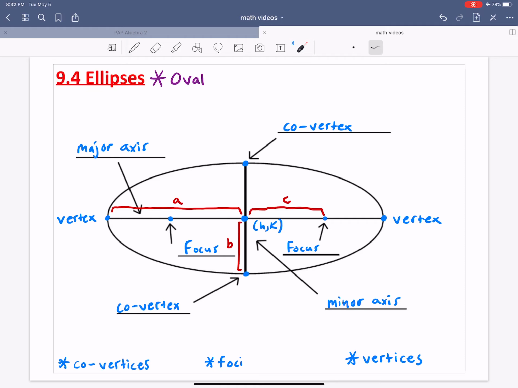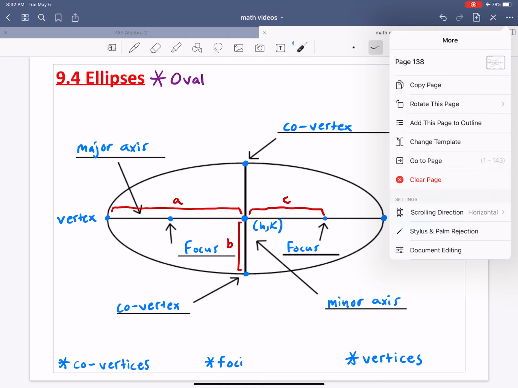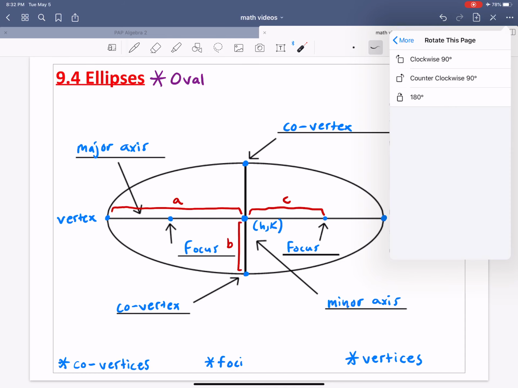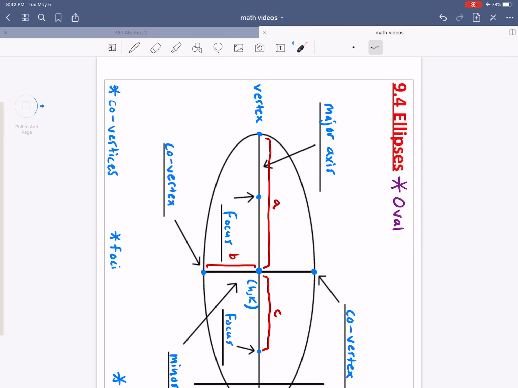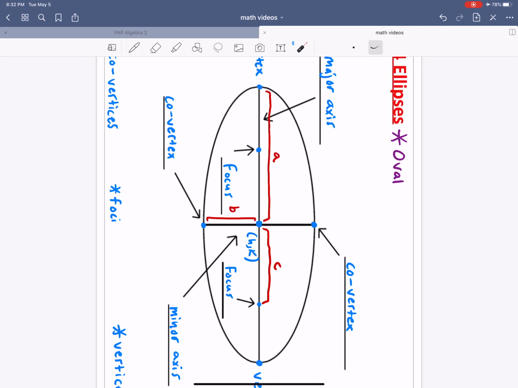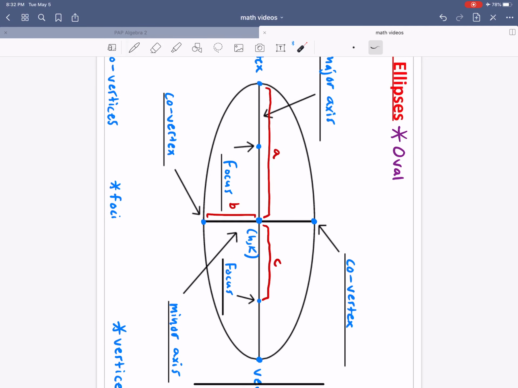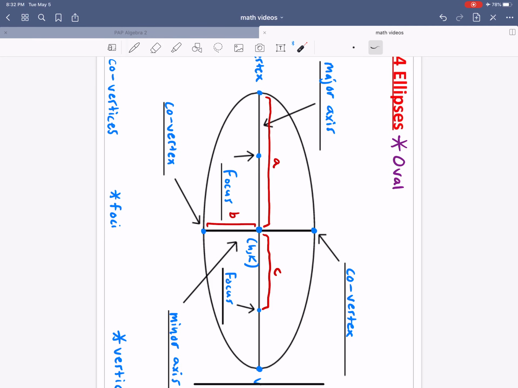And again, before we move on, let me try something. Let me rotate this page 90 degrees. Oh, yes, it worked. So what you can see is what an ellipse would look like if it was oriented the other direction. Notice how all of the labels, all the attributes, are still the same.